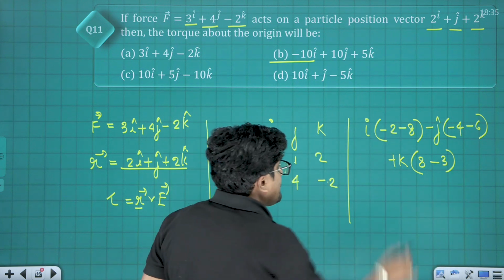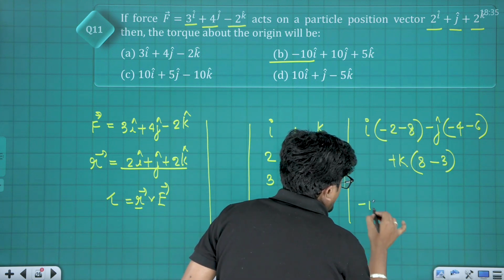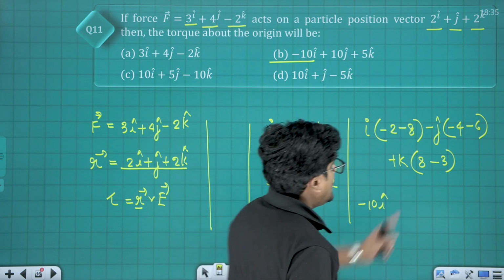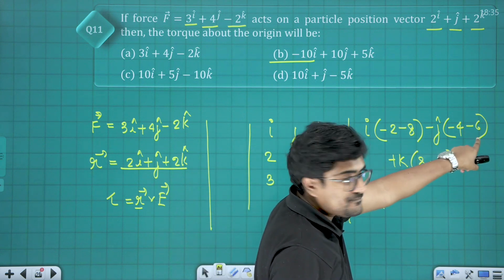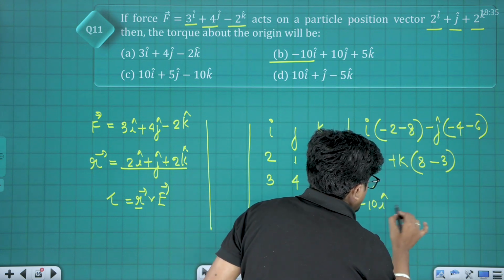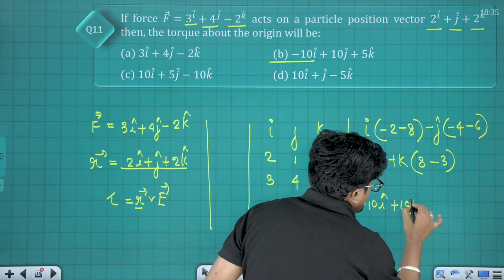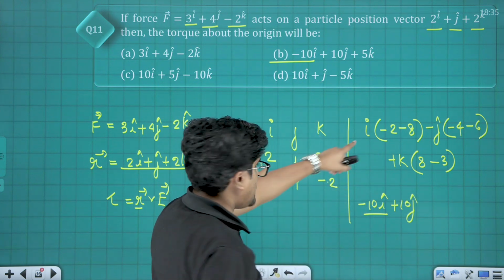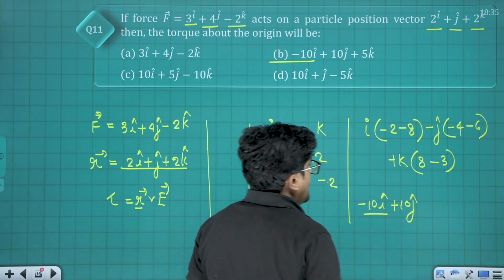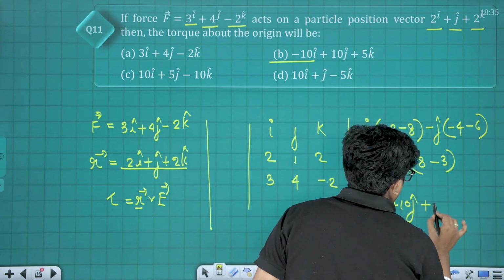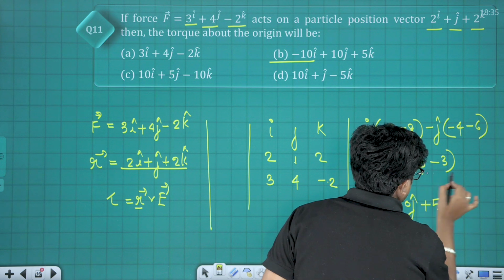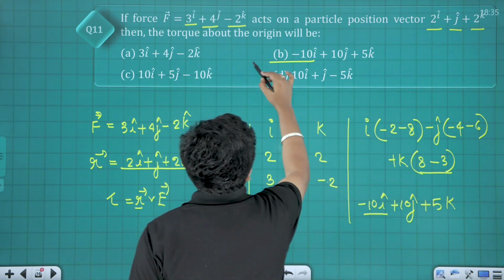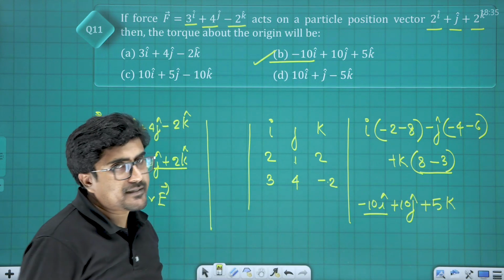So here this is minus of 10i. Minus of minus is plus 10j. I already told you option B is the correct answer. The very first part I said 10j, and here this is plus 5k, because this is plus 5. So that confirms option B as the correct answer.